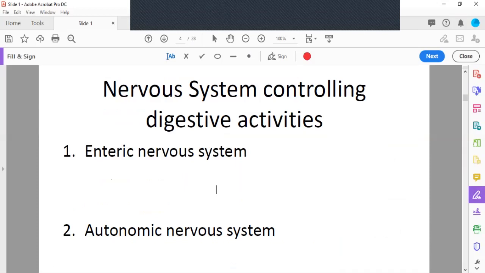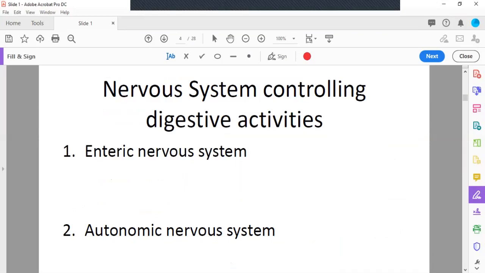The nervous system involved with digestive activities. So in the digestive tract, there is what's called the enteric nervous system. Okay. So figuratively, the enteric nervous system is often referred to as the brain of the digestive tract.